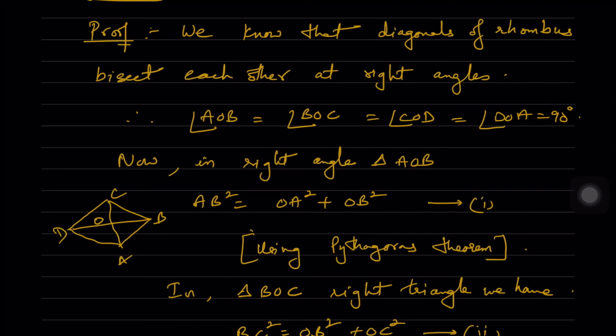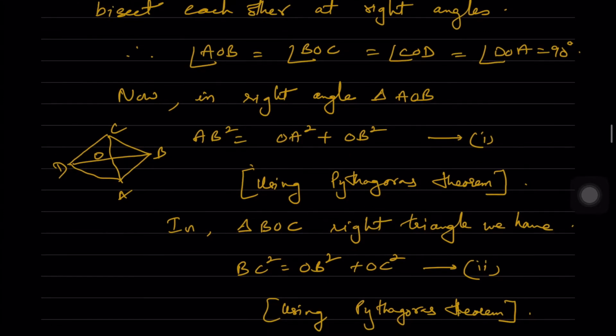So now in right angle triangle AOB, you have that AB square is equal to AO square plus OB square. We'll take this as the first equation using Pythagoras theorem because it is right angle at O.